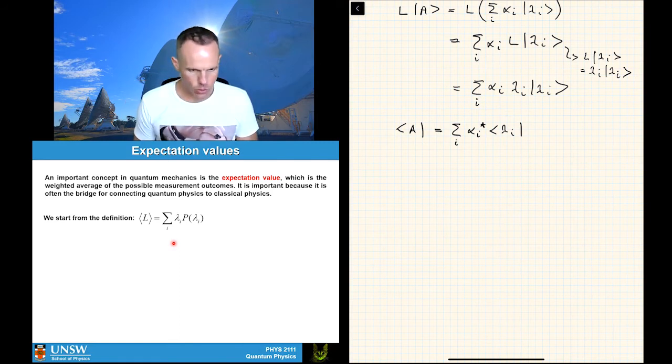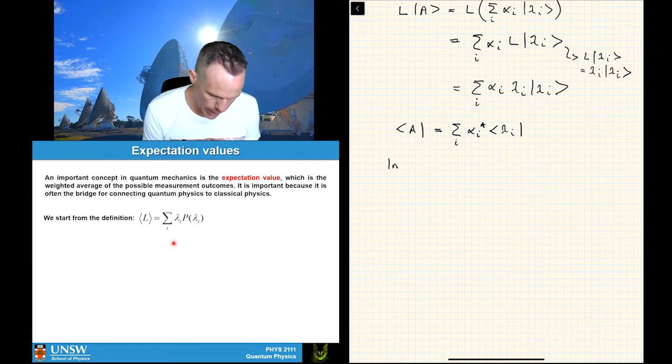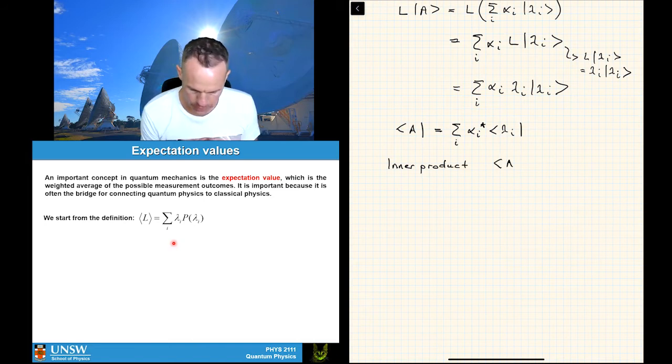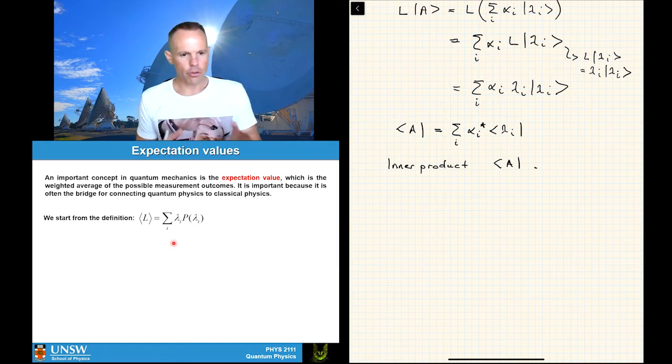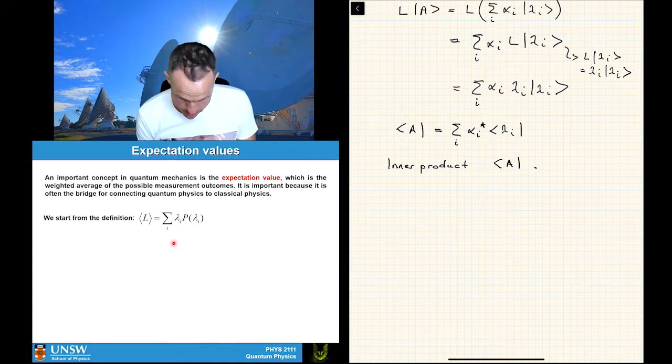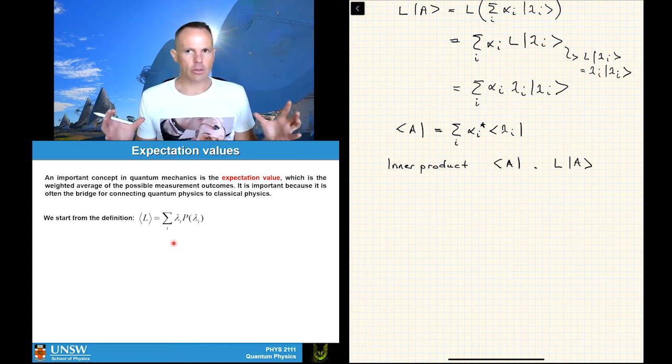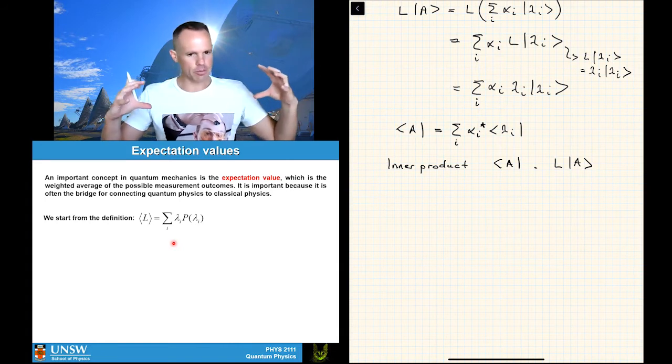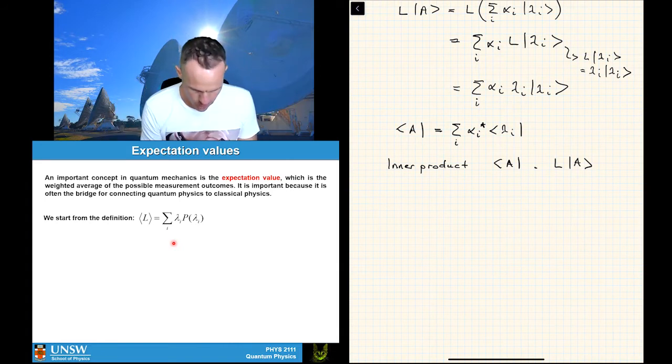So what we're going to do here is take the inner product of the bra A and the new vector, which is L operating on A, right? So this would be L A over here. And the easiest way to put this notation is just to plonk the two together. So what we get here as an inner product is something that looks like A, L, A, like this, okay?